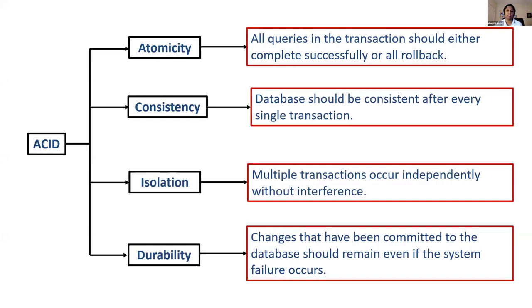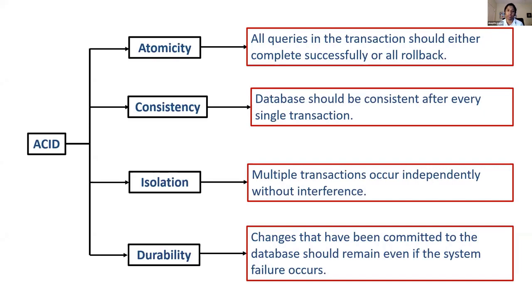C stands for consistency. The data inside the database should be consistent before beginning the transaction and after completing the transaction. For example, if I'm updating a table with a simple update statement and suddenly the system goes down and we have to restart the server, then once we restart, all the uncommitted transactions should be rolled back, leaving the data in a consistent state.